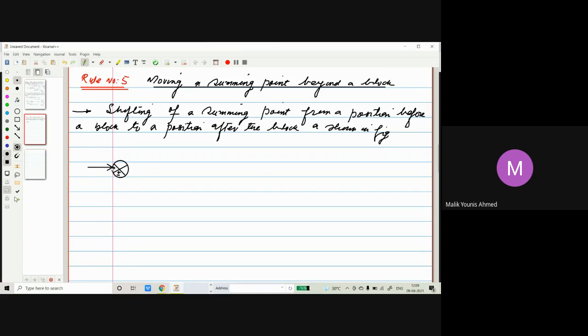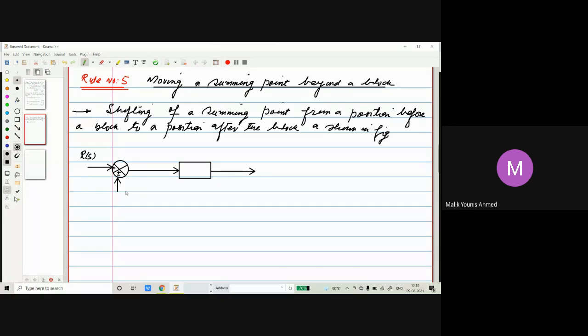Now we have output from the summing point, and then we have a transfer function, and then we have output. So here this is the circuitry we have.